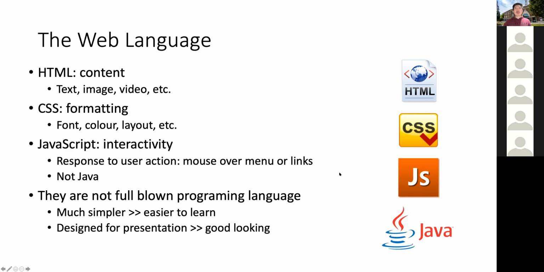Among these 3, HTML, CSS, and JavaScript, JavaScript is actually the most relevant part. The library we're going to use, Vega-Lite, is actually a JavaScript library. So we're probably going to spend the most time on JavaScript. And then HTML is probably the second most important part, as you cannot do anything without HTML.